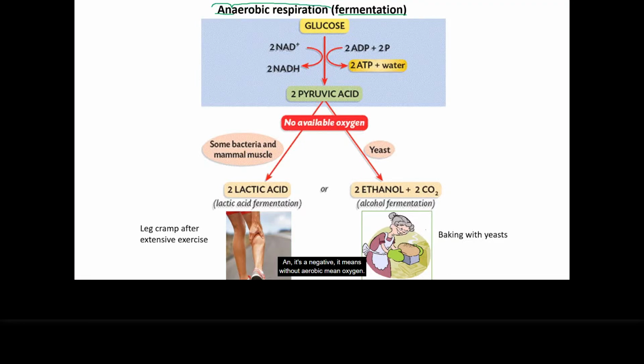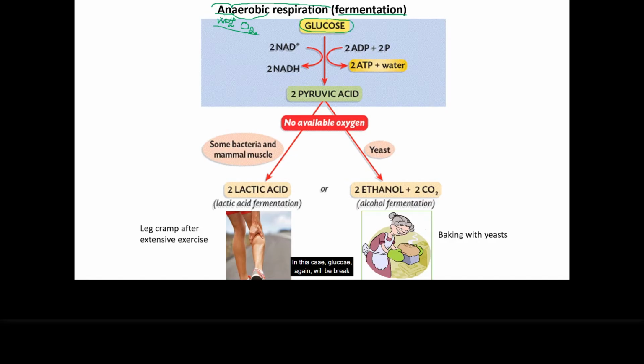It means without, and aerobic means oxygen. So this respiration and production of energy happens when cells do not have oxygen. They use anaerobic respiration or fermentation to produce energy.